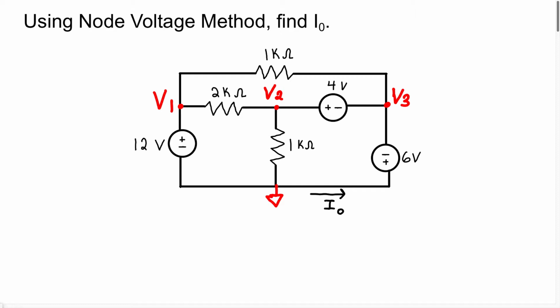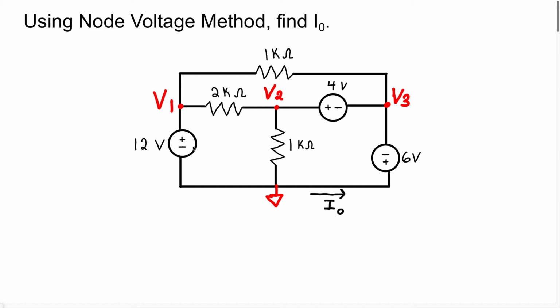Now the first thing we're going to do is write down a node voltage equation for node 1. When we look at node 1, we know we can assume the current is leaving this node. But we have a situation where one of the branches has a single voltage source.